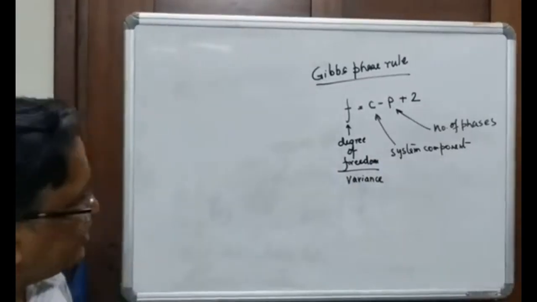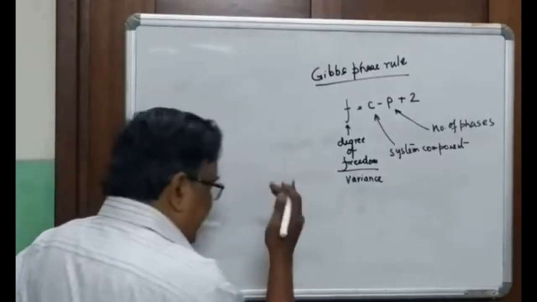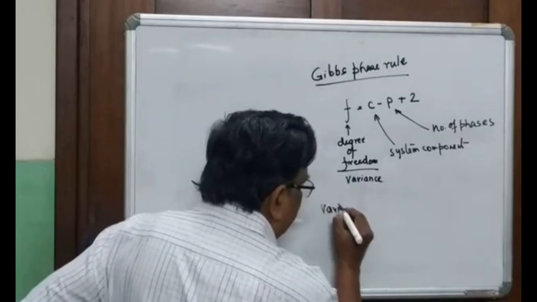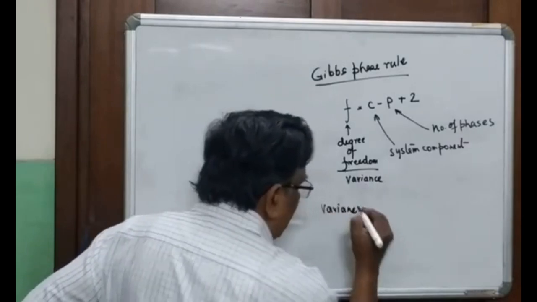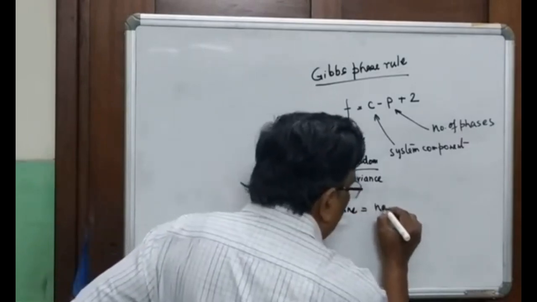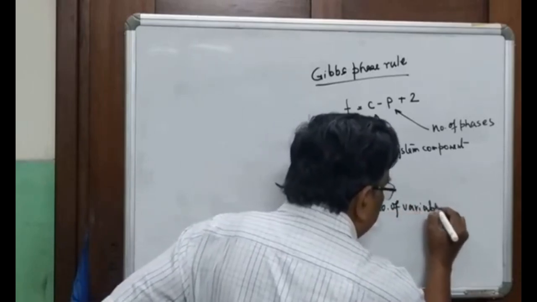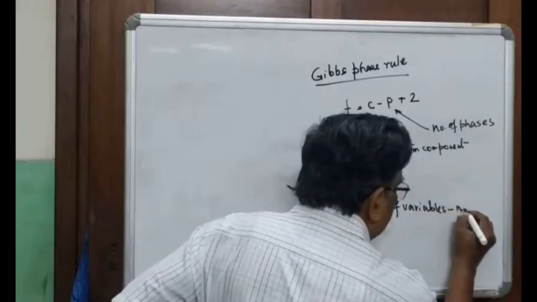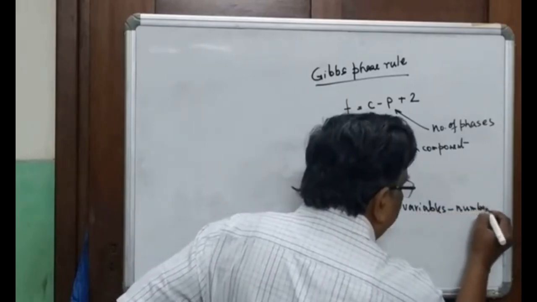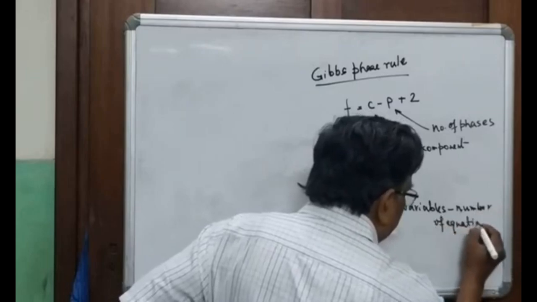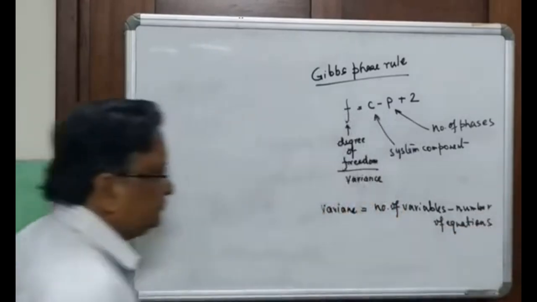What is variance? Variance is very easy to understand. Variance is essentially number of variables minus number of equations. That's it.